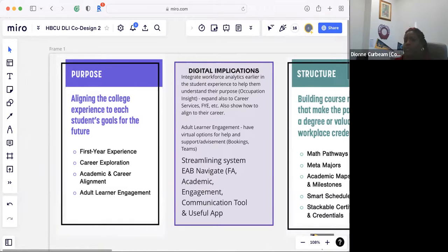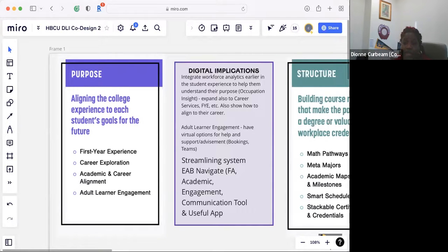But after the webinar last week, and looking at how workforce analytics should be embedded more deeply and earlier in the student experience, it really opened my eyes. I'm like, okay, we need to expand this to career services and FYE, and the workforce analytics program shows them how it aligns to their degree and all that kind of good stuff. So I think we need to do a better job with that.